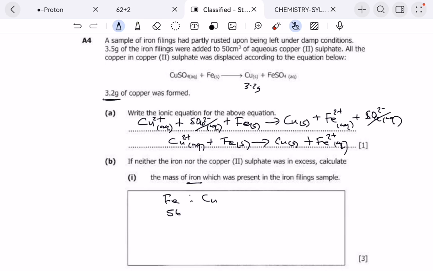This will be 56, this will be 64. The mass given for copper is 3.2 grams, and for iron you say X. Therefore X becomes 3.2 grams times 56 divided by 64. Therefore, the mass of iron, when you punch it on the calculator, is supposed to be 2.8 grams of iron.